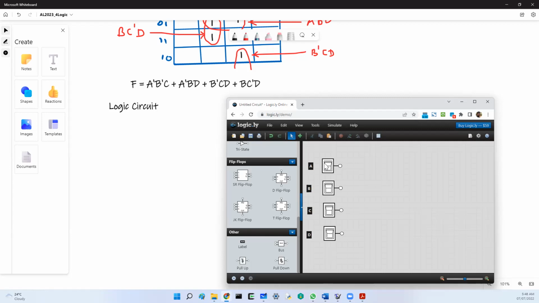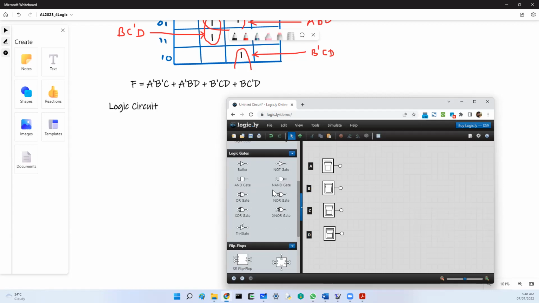Now, we need NOT gates as well. So let me put some NOT gates, right? There are 4 NOT gates I'm going to have. So get each individual one.